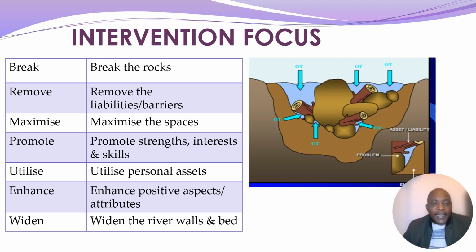We also focus on enhancing the positive aspects and attributes. The individual or the group of people have certain attributes, certain skills. We maximize and enhance those so that the flow of their life is not impeded or hindered.